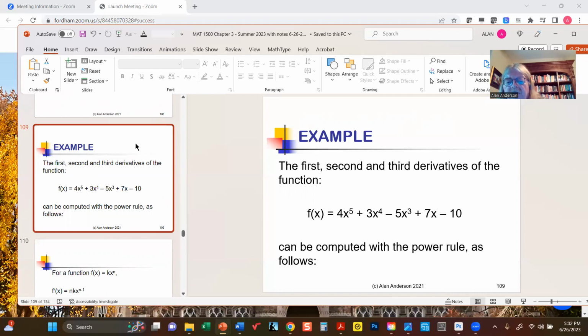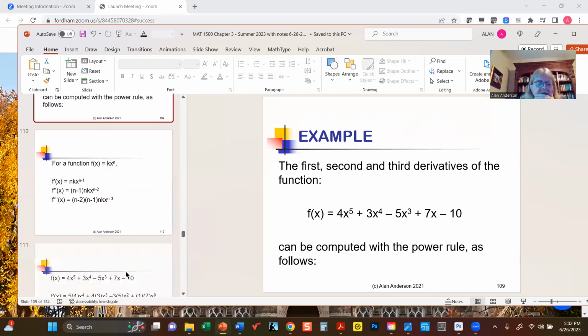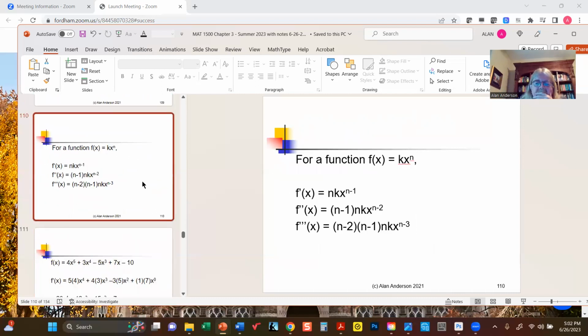So what we're going to do is take this polynomial and calculate the first, second, and third derivatives. And you can see we're just going to need the power rule and the constant rule because this is a simple polynomial. All right, and by the way, if you want to see how this is formally done, remember when you take the second derivative, which is what we see here, f double prime of x is this so-called second derivative.